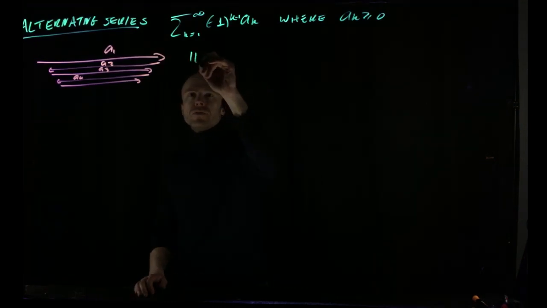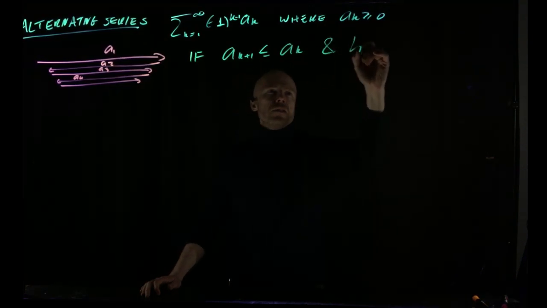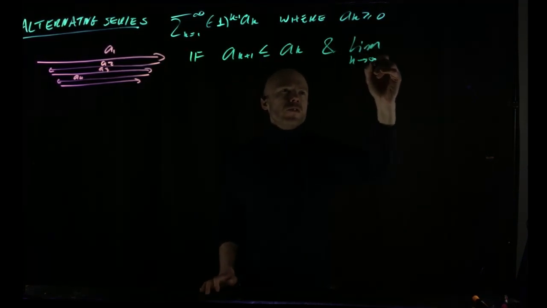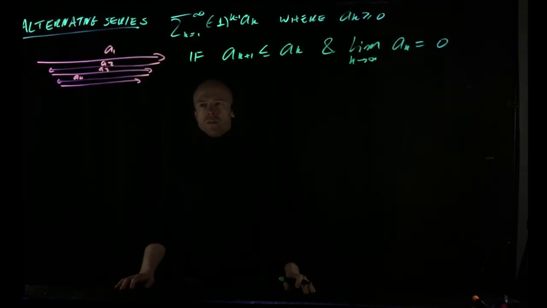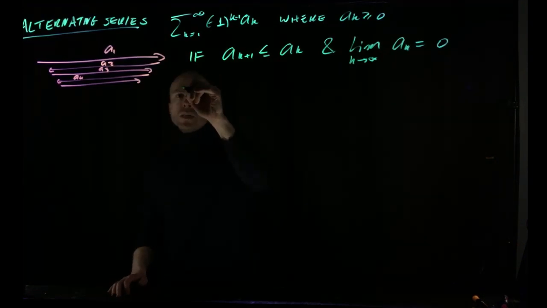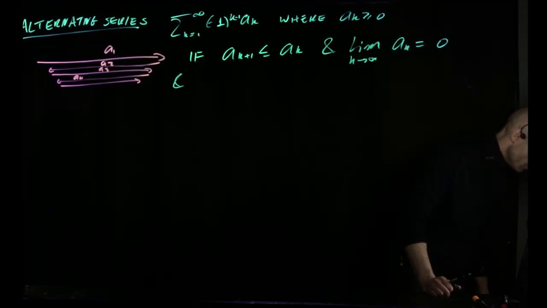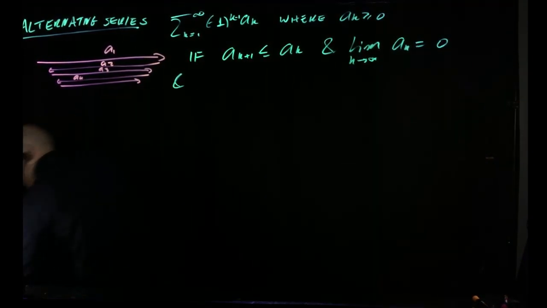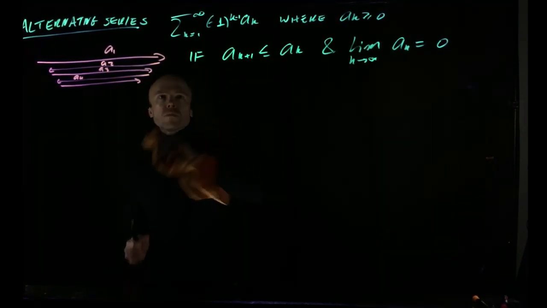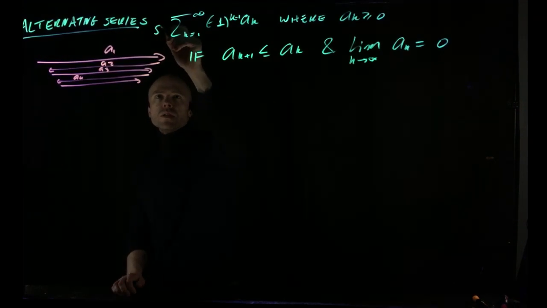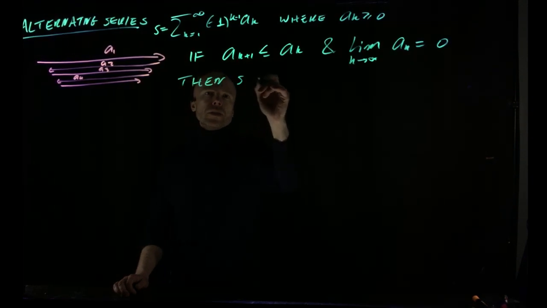But if a_{k+1} is less than a_k, and the limit as k goes to infinity of a_k equals 0, then this thing does converge. And it even gives us an error estimate. So, should we write a sentence? Call this S. Then S converges.